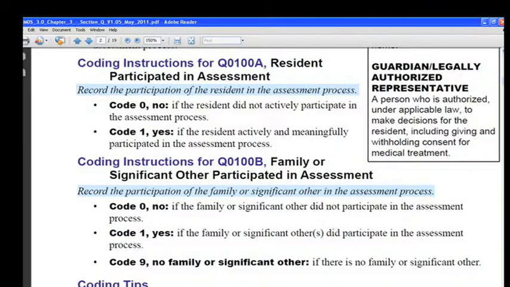It tells us that when the family or significant others are involved, what is important is that the response selected must reflect the resident's perspective if he or she is able to express it, and that family or significant others does not include nursing staff.